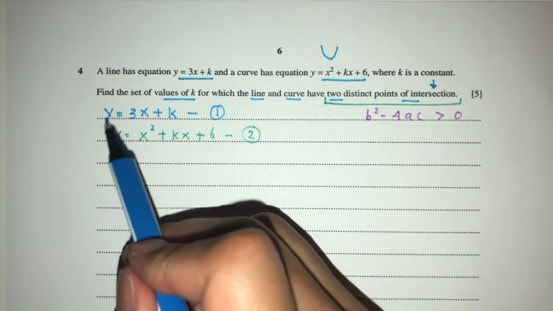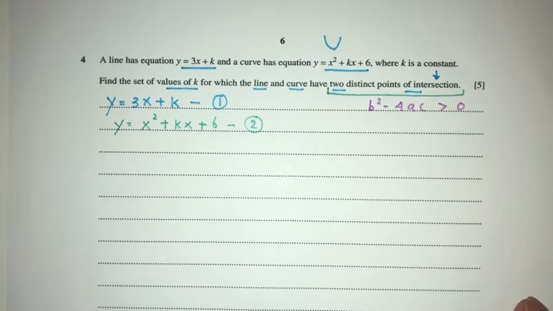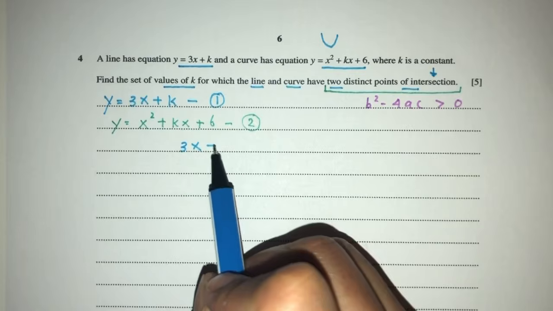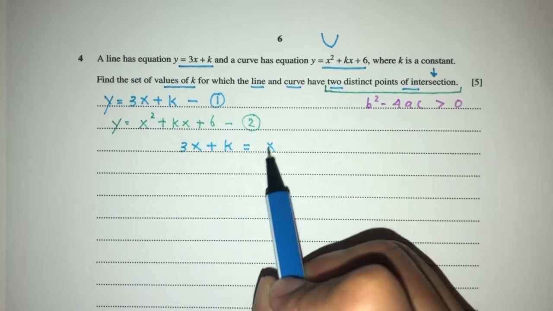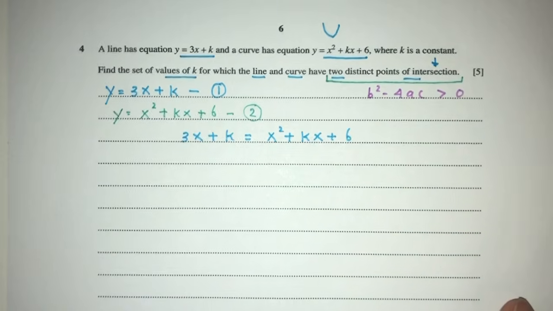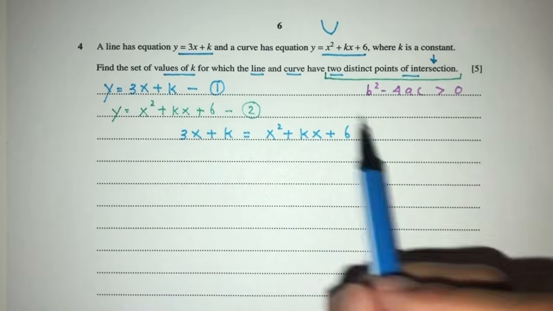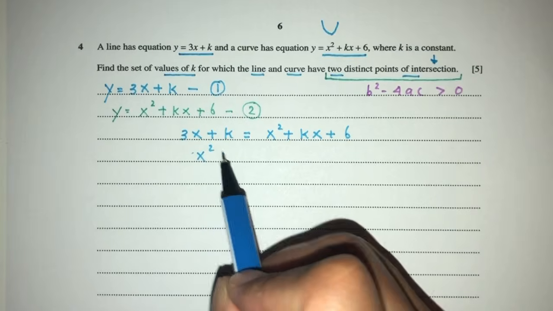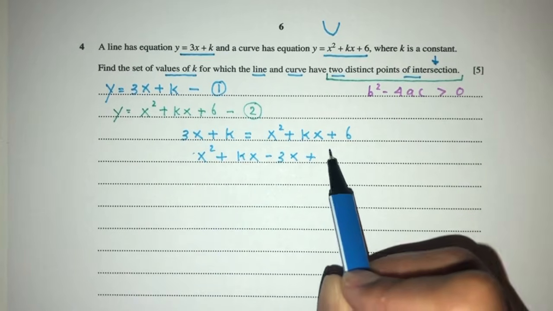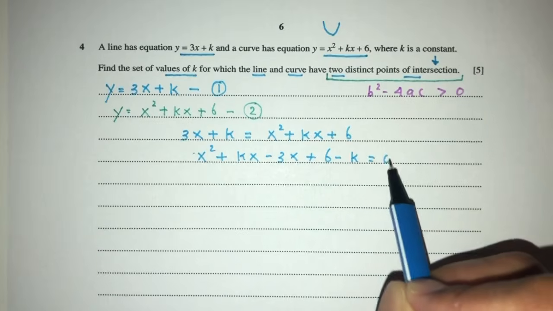Because here we have y, let's substitute them in each other. On one side you will have 3x plus k is equal to x squared plus kx plus 6. Now we have to rearrange. Let's send everything to one side. You will have x squared plus kx minus 3x plus 6 minus k is equal to 0.